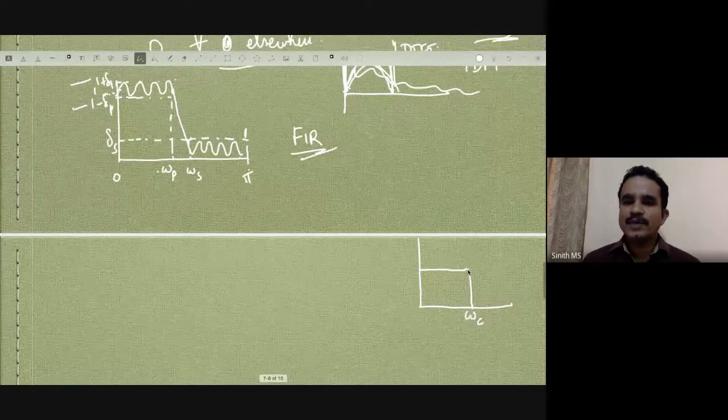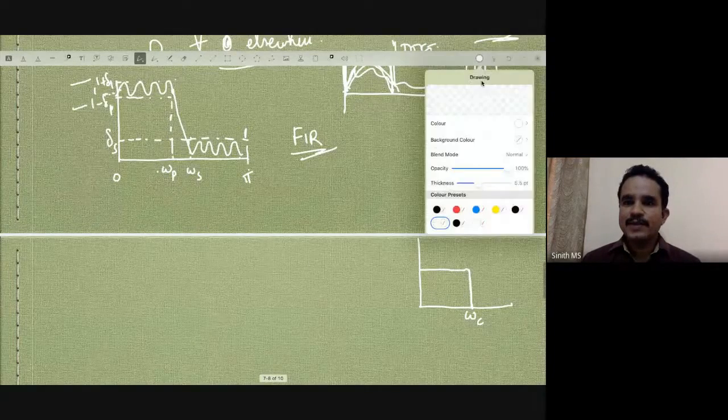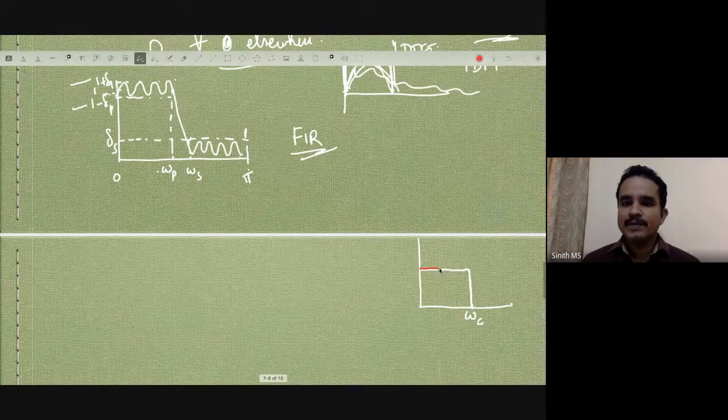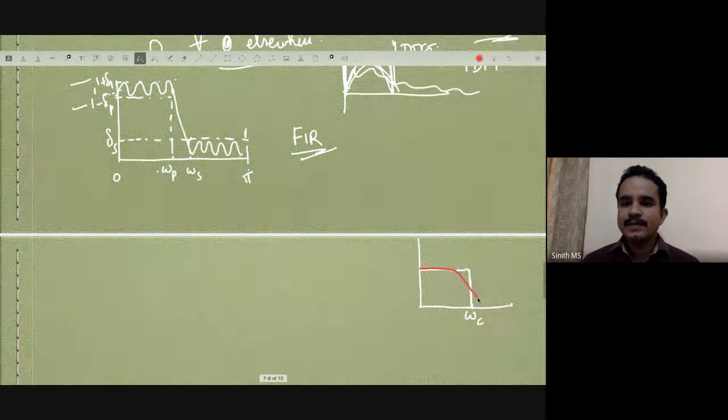You know that the transition doesn't come like this. It will be something like this, and here you have omega p and omega s as well as some ripples.